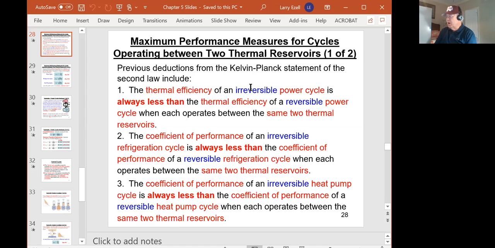Absolutely. That's where all real world systems live. If you have a system operating between temperature ranges and its efficiency is greater than that predicted by the Carnot efficiency, which is the maximum efficiency, which is the reversible efficiency, then that situation is impossible. Maybe that's a better way to say it.